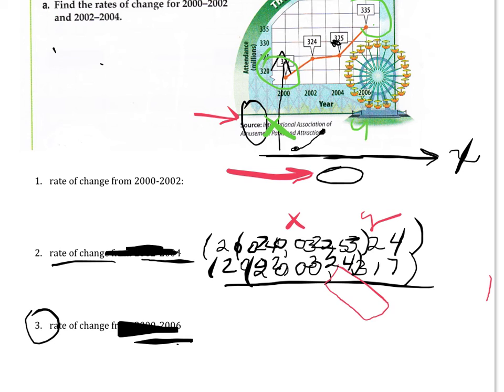You should have gotten 18 over 6 equal to a positive 3 million people per year. So when we interpret this, on average, the rate of change in attendance from the year 2000 to 2006 is on average 3 million people per year, an increase of 3 million people per year.